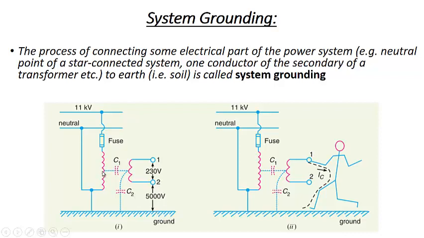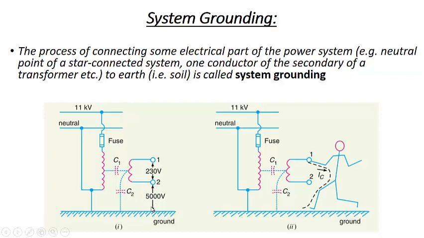A fictitious capacitance occurs between the two windings and between this winding and ground. Due to this capacitance between this winding and ground, a high voltage will appear across this, because a current will flow through this path, and that current multiplied by the reactance will give us the voltage.